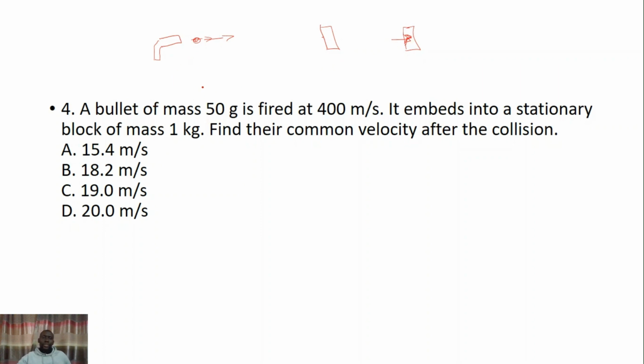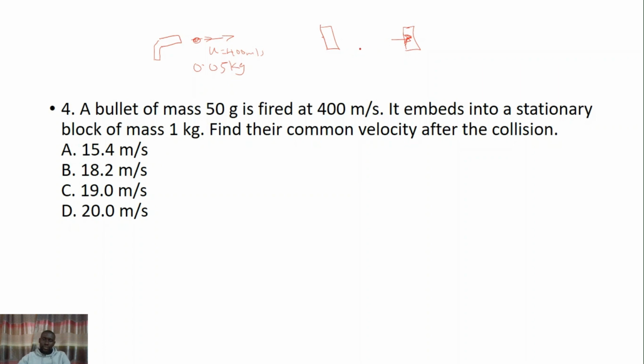Now, we know the mass of the bullet is 50 gram. We need to convert it to kilogram, okay? And that will be 0.05 kilogram, right? And we know it's moving at a velocity of u equals 400 meters per second.